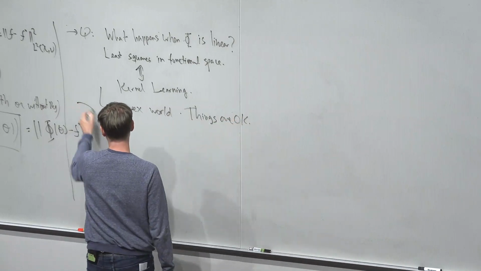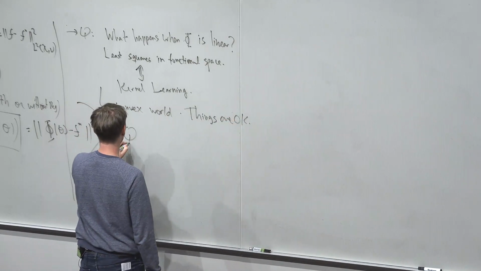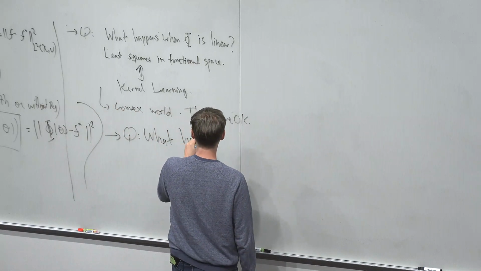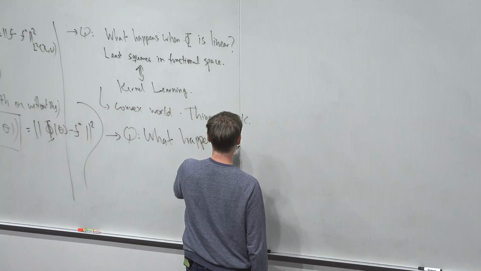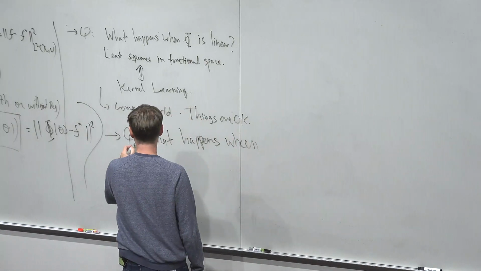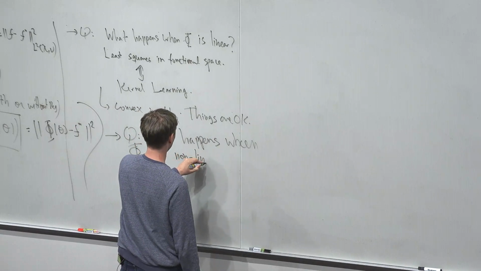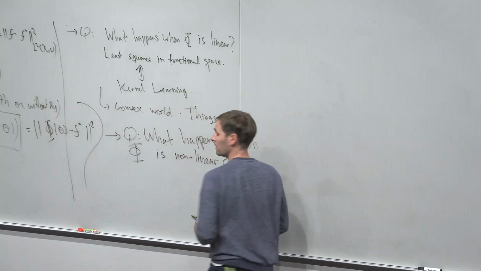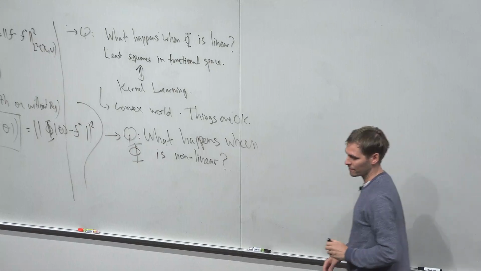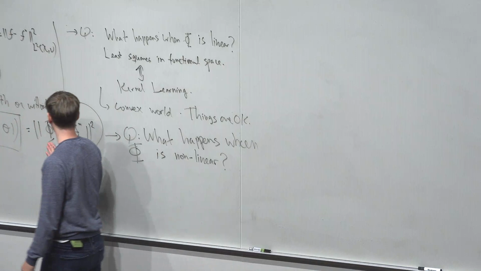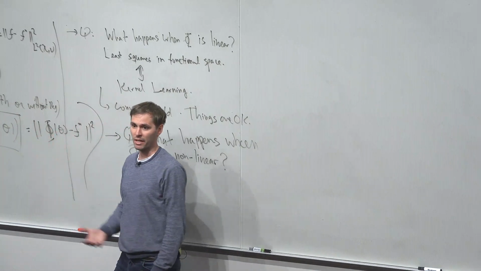But now the obvious follow-up question is what happens when phi is nonlinear? Of course, formally, I can still write the same object, and I can try to minimize this objective.